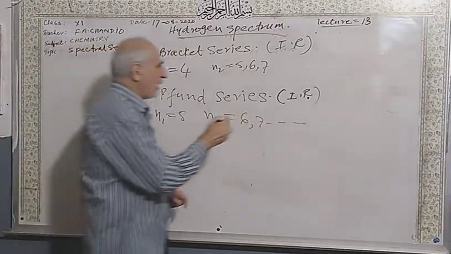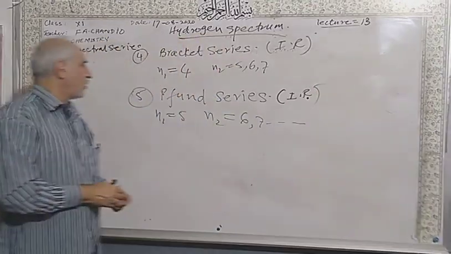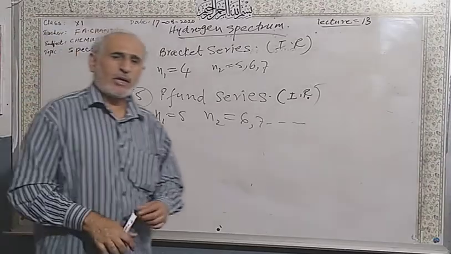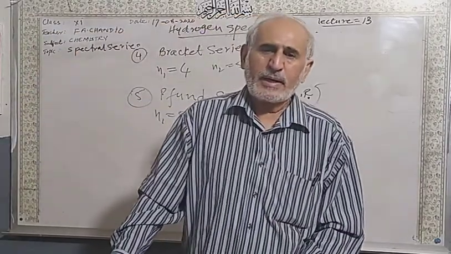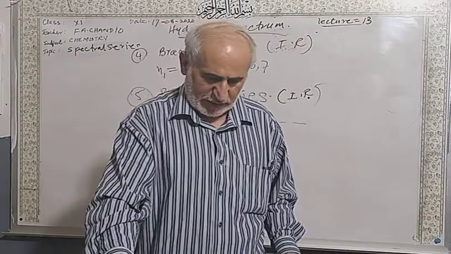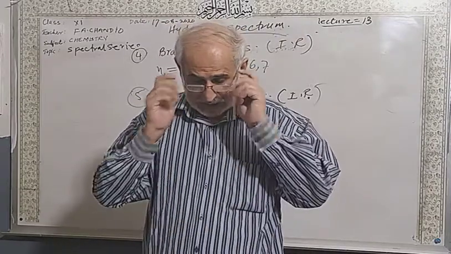So this is also in the infrared region. By using the formula, you will be able to calculate the wave number and also wavelength. So these are the spectral series.